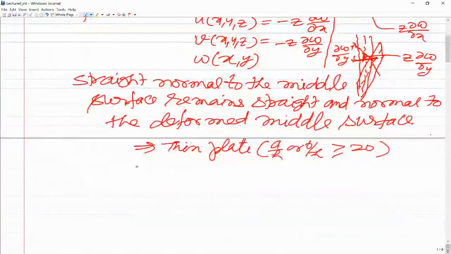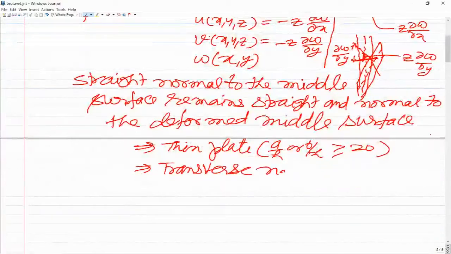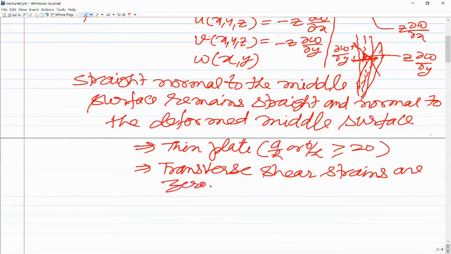In this, basically the transverse shear strains are zero, and we call it classical Kirchhoff plate theory.